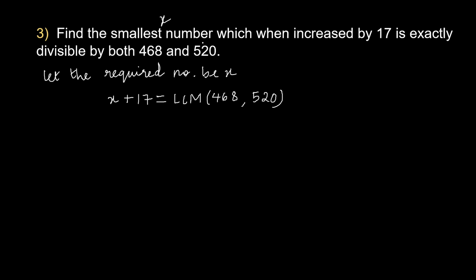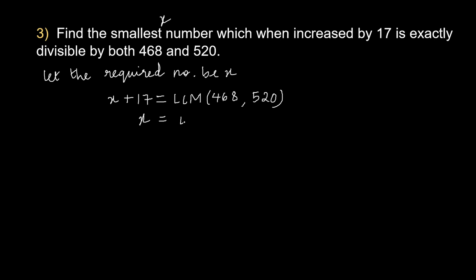The smallest number which when increased by 17 is divisible by both 468 and 520 should be the least common multiple. Now we are told to find that smallest number, so what we have to actually find is x. So you can shift the 17 to the other side.